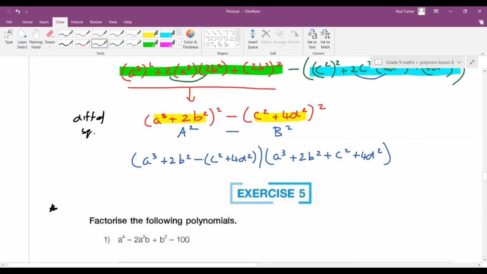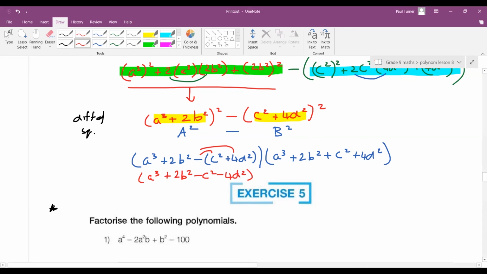This one's okay, but this one we can tidy up because of this bracket here. So this one would need expanding the brackets. So a cubed plus 2b squared minus c squared minus 4d squared.